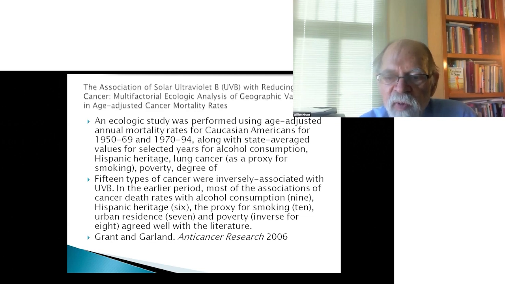There were also 9 associated with alcohol consumption, 6 with Hispanic heritage, 10 with smoking, 7 with urban residents, and 8 with poverty. It turns out that smoking is also an index for diet, which I didn't know at the time.